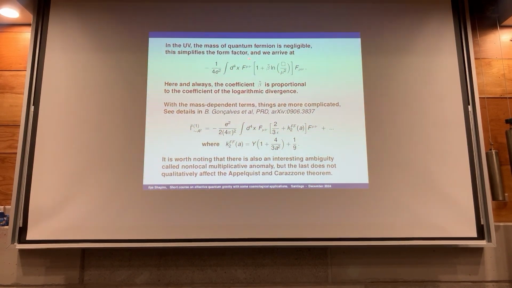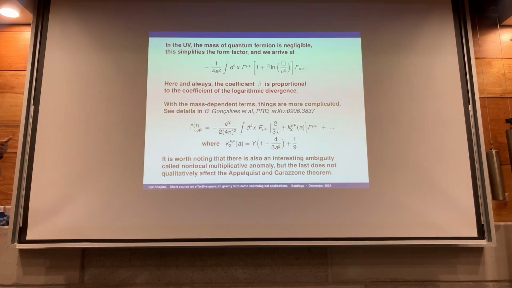So you can write the action of the electromagnetic field, which other lecturers show you in several versions, but I put e squared here. What does it mean? Usually we put the charge in the fermionic part in QED, right? But we can absorb the charge into the electromagnetic field. If you want, I can explain. And then your charge will appear in front of the electromagnetic action. Then we add the quantum contribution. In the ultraviolet, it's just beta.